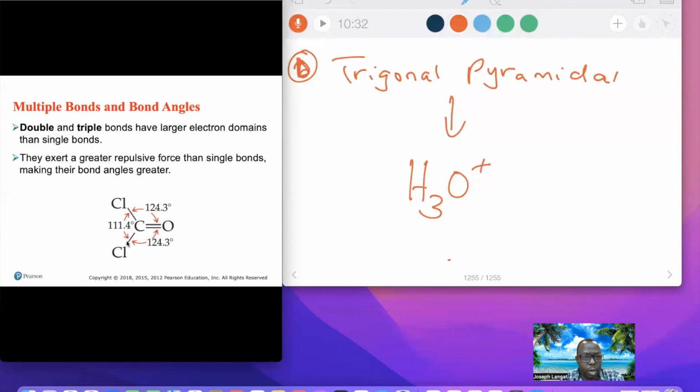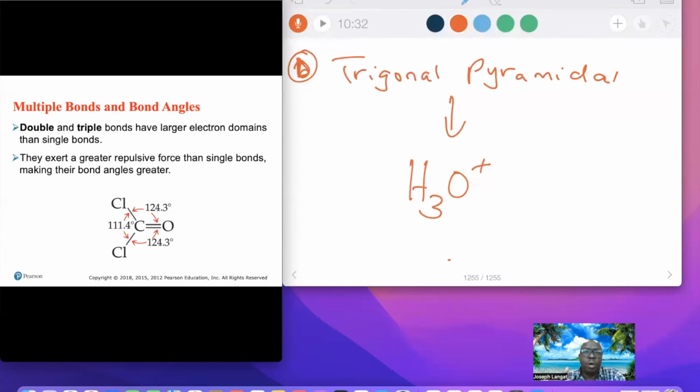That's why this bond angle between chlorine and carbon is smaller than between chlorine and oxygen, because of this double bond, which causes the chlorine-carbon angle to reduce compared to the angle involving oxygen. The bond angle is greater because of the repulsion.